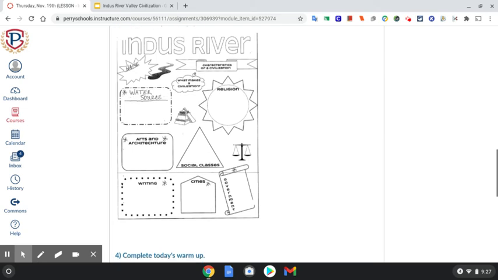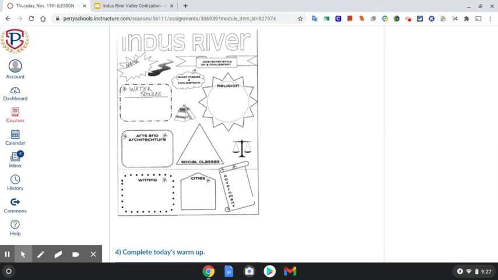If you look at the handout, water source, arts and architecture, writing, cities, government, those have stars. You're going to fill those 5 boxes out. Religion and social classes, no stars. You'll leave those blank. You're just going to do bullet points. You don't need to put entire sentences. Make it brief, just acting as a source of notes.